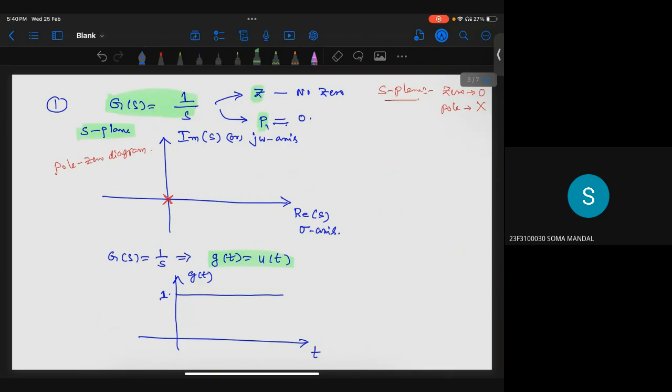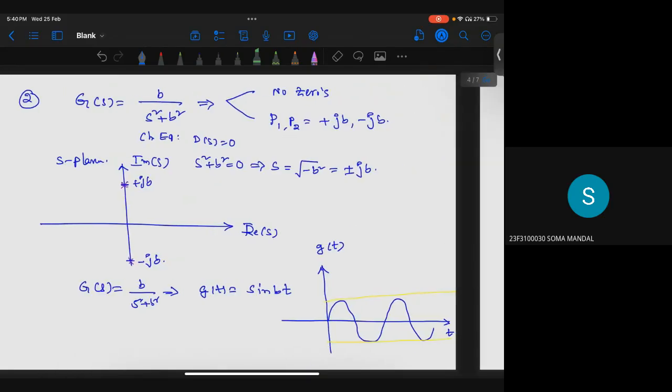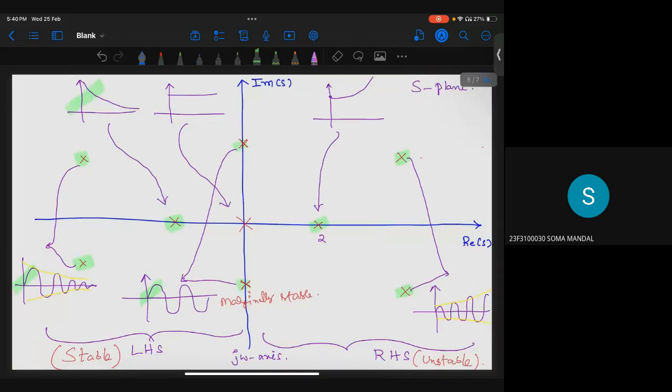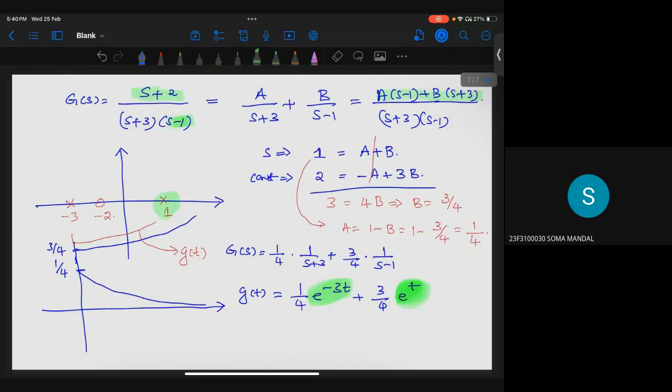In control systems, this is the procedure. We find the poles and zeros, then we talk about stability. So to make the system stable, what is our requirement?